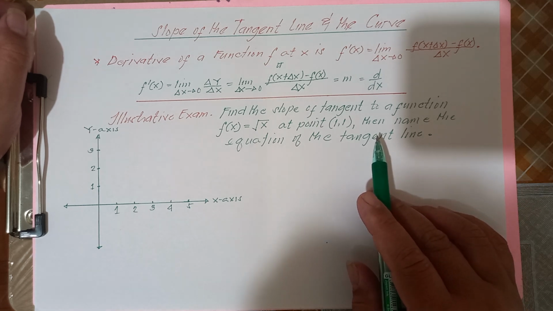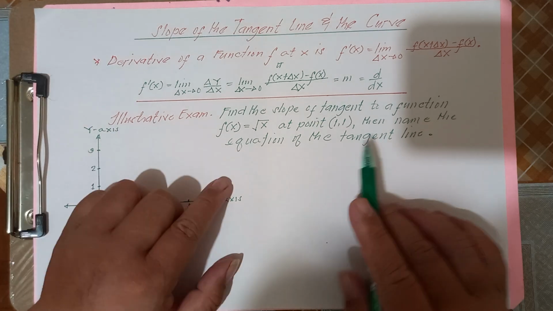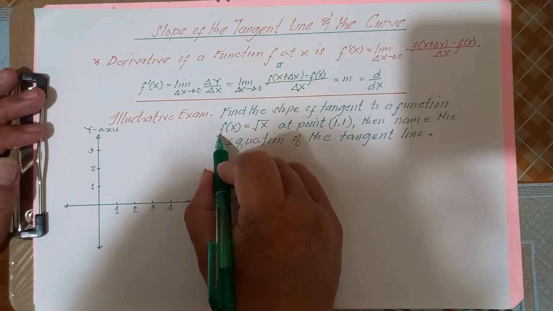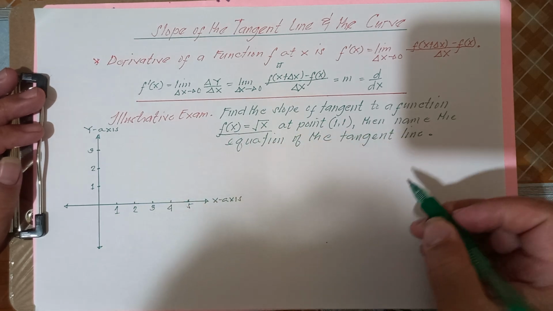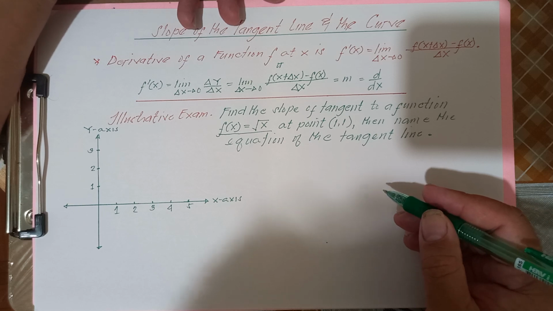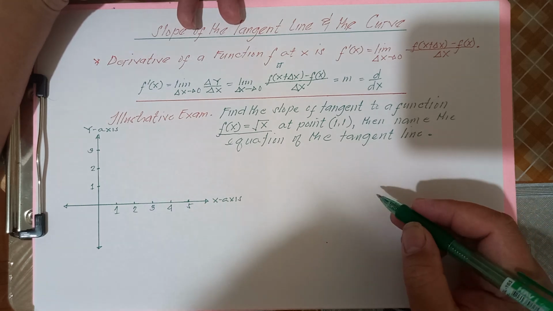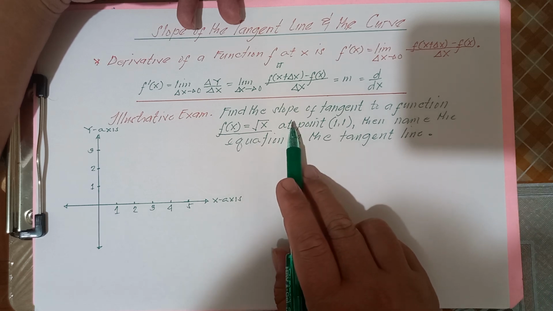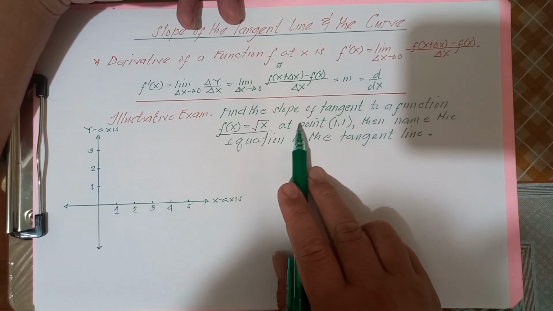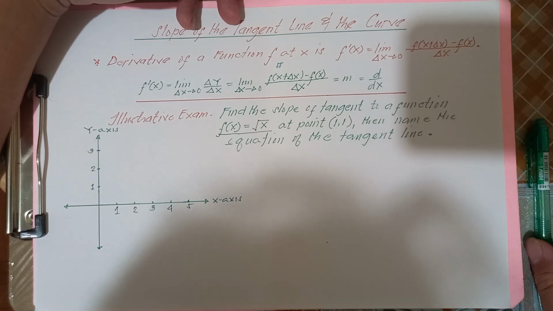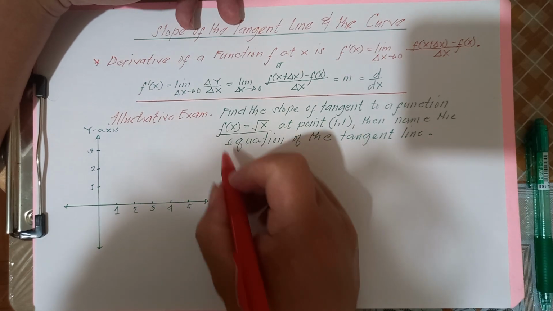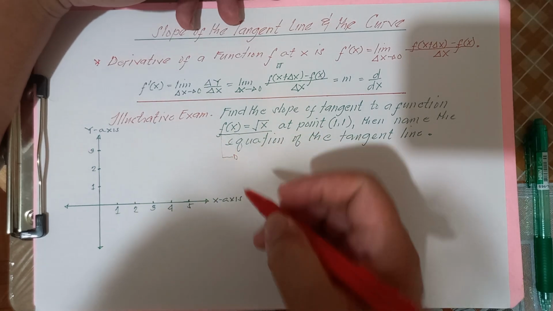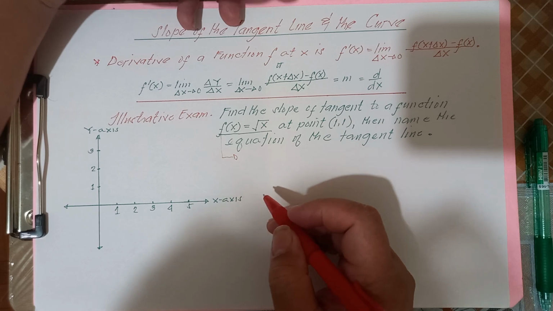When we illustrate the curve, notice that this is actually what kind of function? This is a square root function. I would like to encourage you to please graph this function first before we tackle the slope of the tangent line. When we graph this, we have to define the domain first.